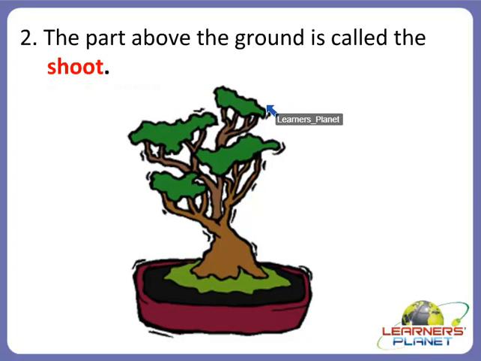So children, you can see this huge tree. The part which is above the ground is called shoot. So children, are you clear with this? There are two main parts of the plant. Always remember, the first one is the root and the second is the shoot.